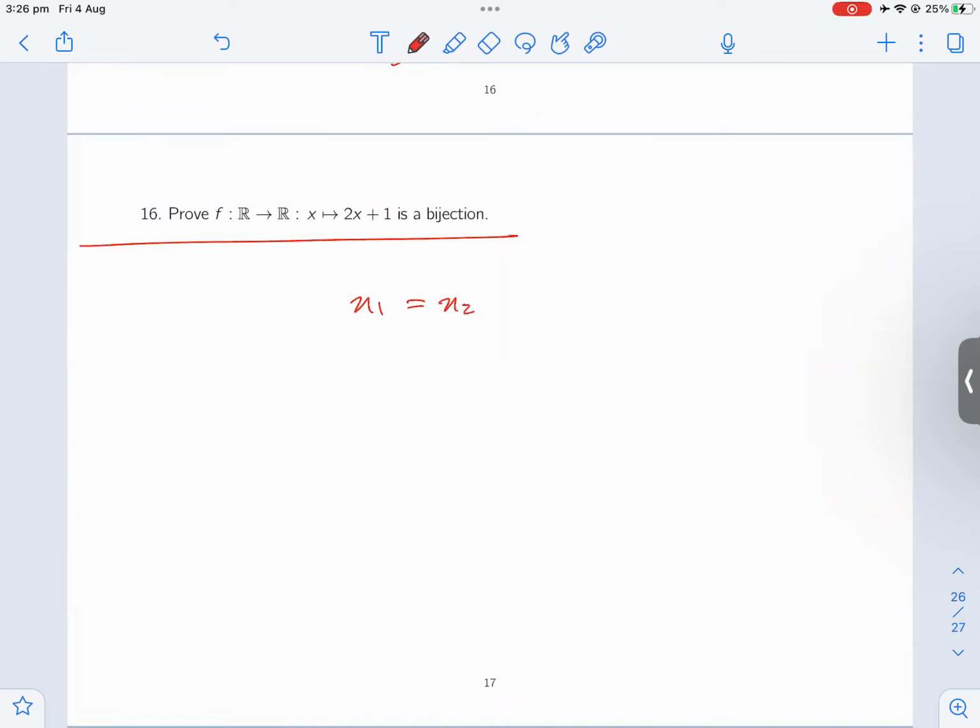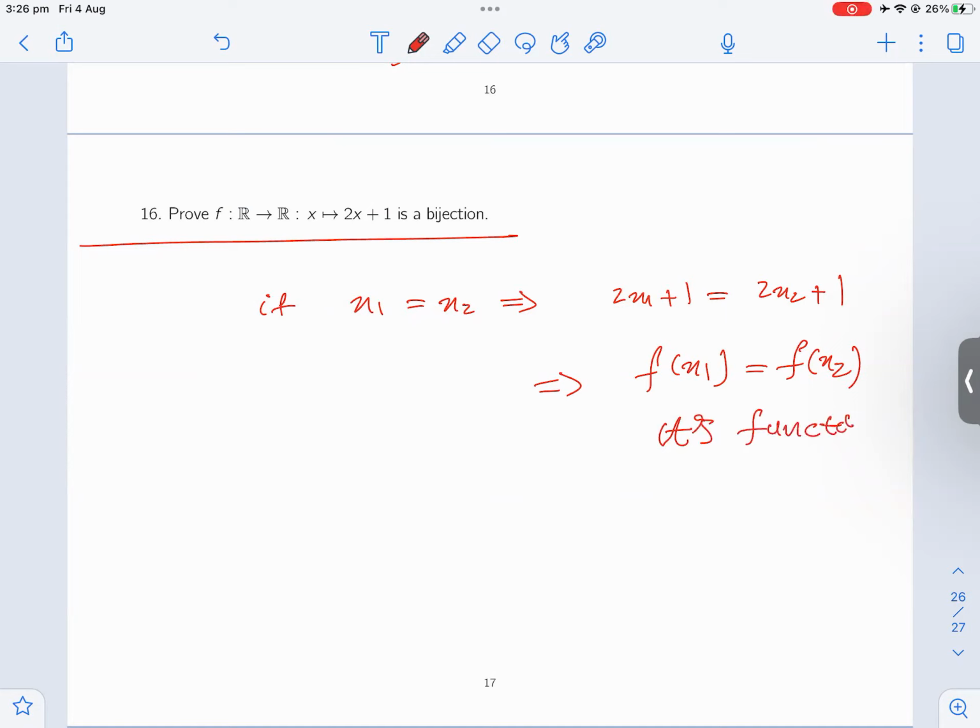Assume f of x1 equals f of x2. So 2x1 plus 1 equals 2x2 plus 1.